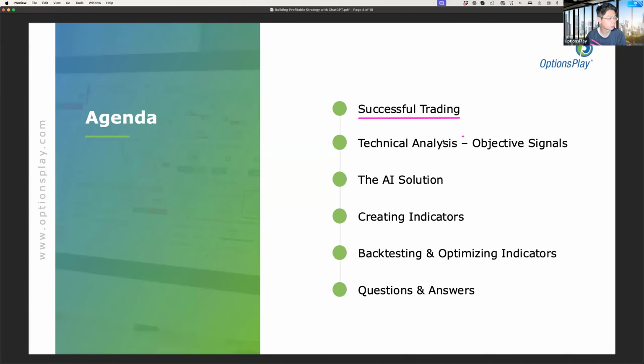And specifically, what can technical analysis do to put us on that path towards profitability? And more importantly, what is the solution that we have now with AI that can actually take some of the best opportunities within technical analysis and automate it for us so that we can actually get the best of what we need in order to be that confident, sustainable trader.